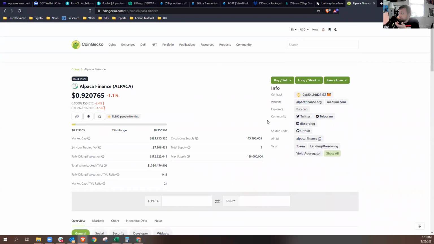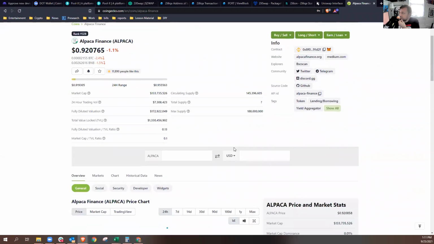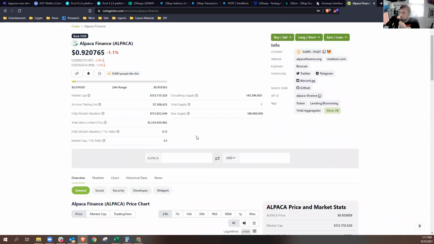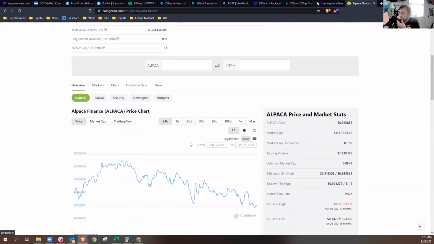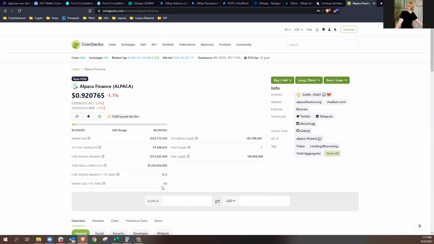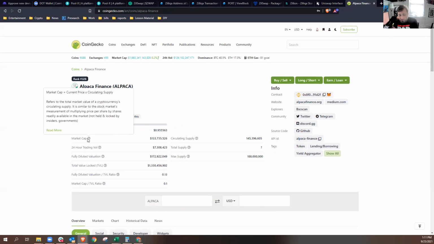Alpaca Finance, are you kidding me? Anything on Binance Smart Chain I don't mess with because Binance is so shady and corrupt. I don't trust it. I've messed with them in the past, but they'll take bribes where you pay $10,000.